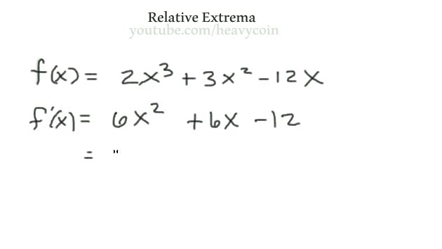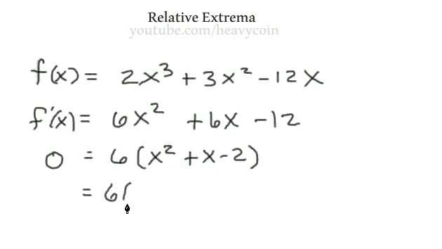And what I'm going to do is factor a 6 out of here. Pull one out. 6 times x squared plus x minus 2. We're setting this equal to 0. I guess the next thing I'm going to do is probably factor this. Let's see what we got here. Negative 2, so we're going to need about a plus 2 and a minus 1.